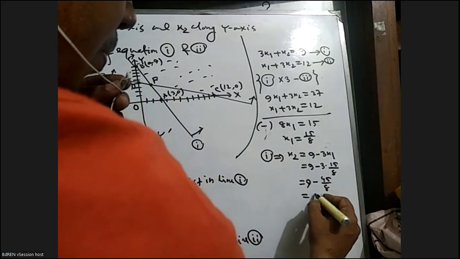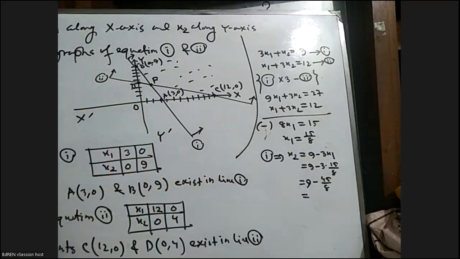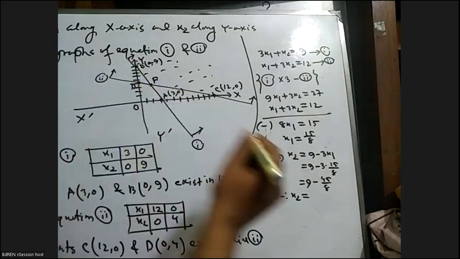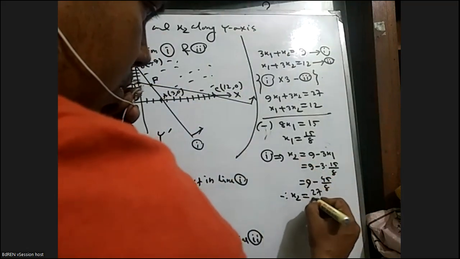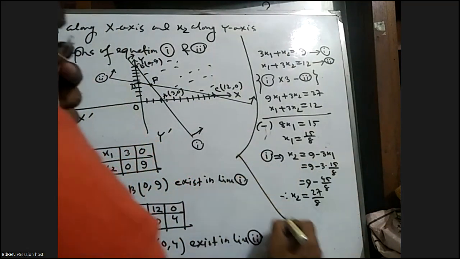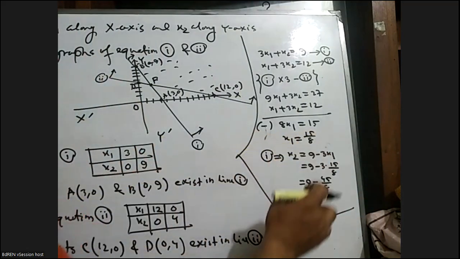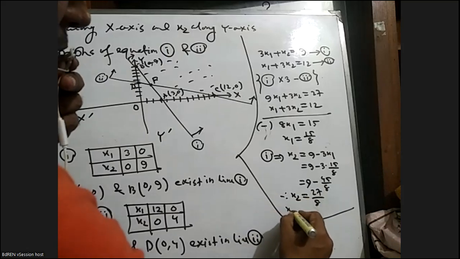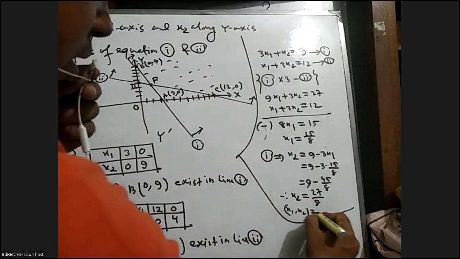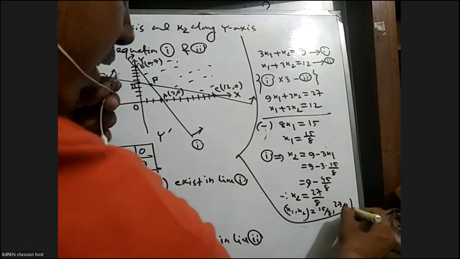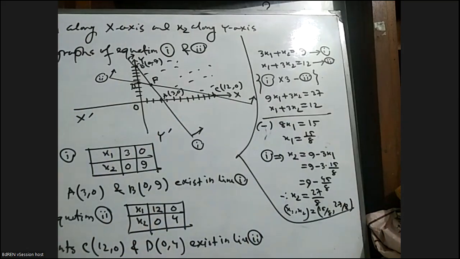So taking LCM, we get x2 equals 27 by 8.